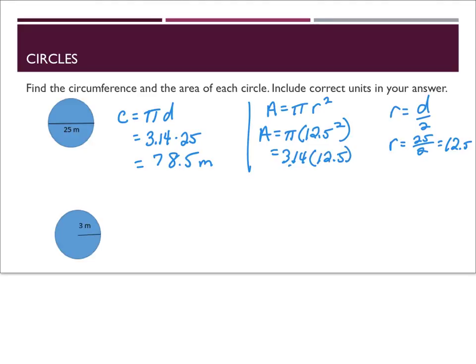And you want to make sure you type this in all at once. If you don't, you're liable to put the square in the wrong place or make things come out of the order of operations. So 3.14, put the radius 12.5 inside parentheses and put a square just on the outside of the parentheses.